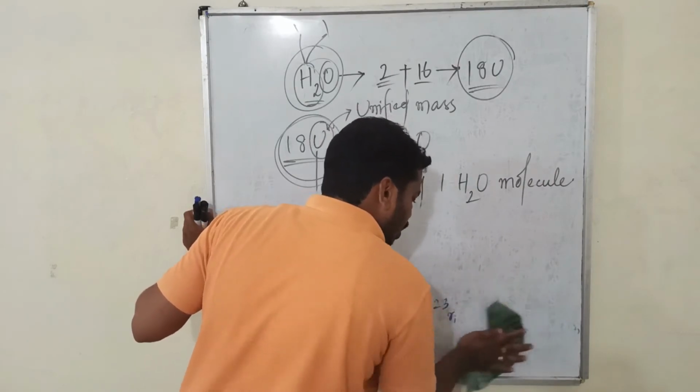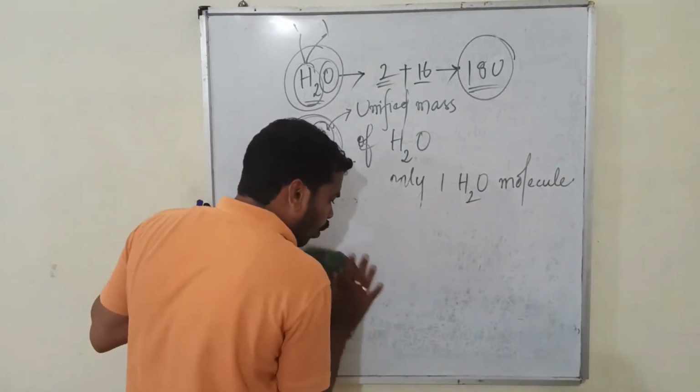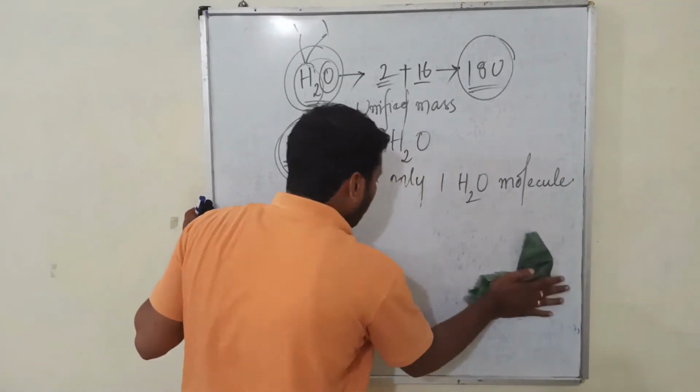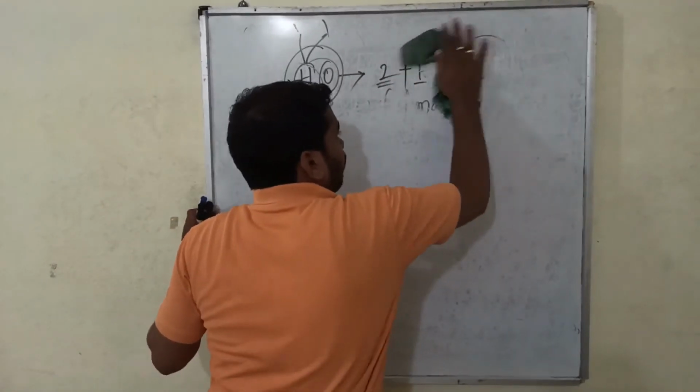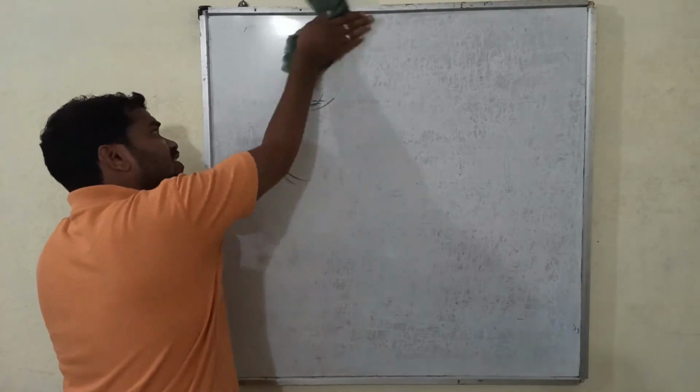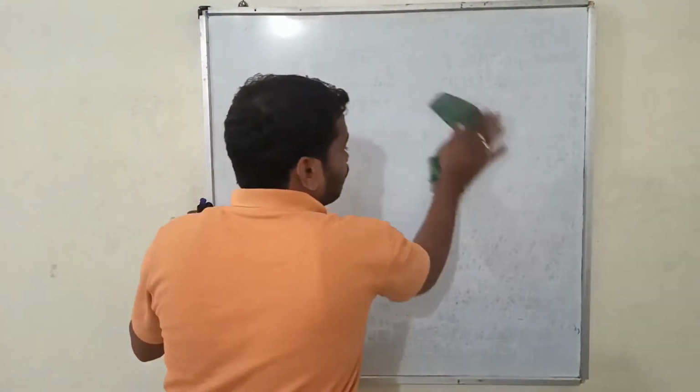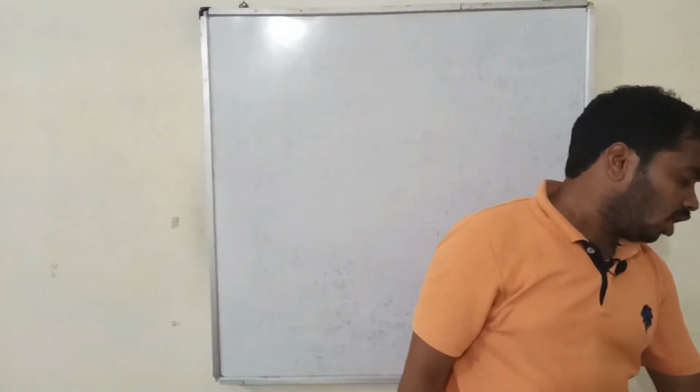Now we shall get into a problem. I hope with mole, if I say 1 mole, how much number it would be, it's clear right now. Now we shall get into detailed problem solving based upon this concept.